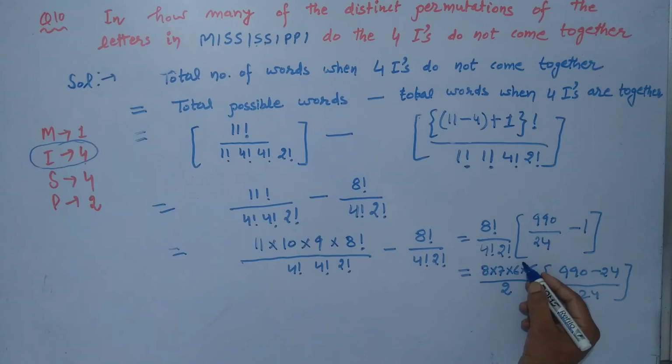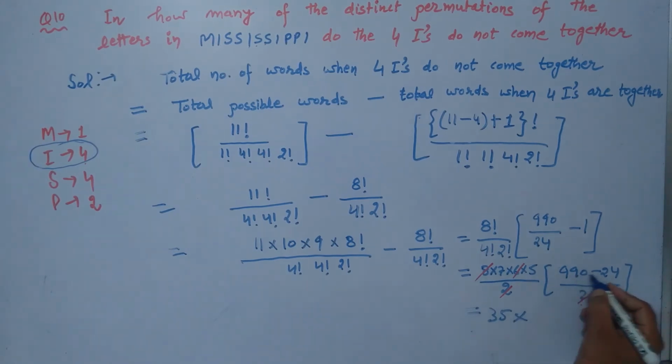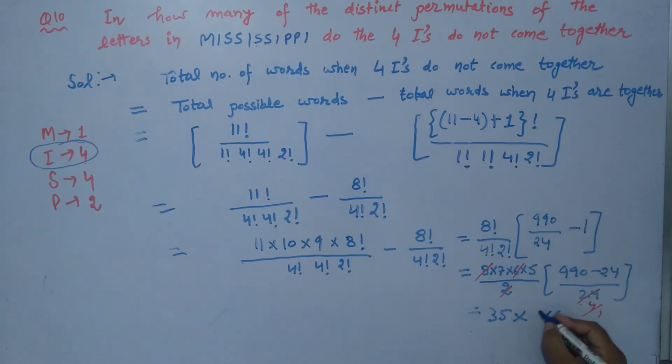Okay, now 6 ones are 6, 6 fours are 24, 4 ones are 4, 4 into 2, 8, so 8 is cancelled. So we have now 7 into 5, 35, into 990 minus 24, this becomes 966.